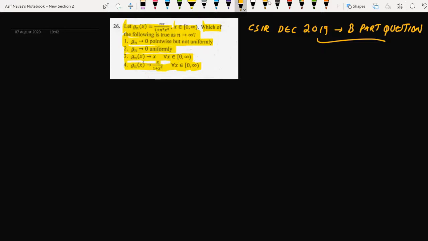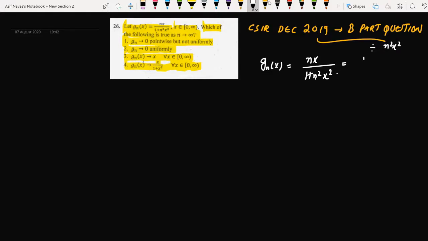Now, given g_n(x) is equal to nx divided by 1 plus n squared x squared, I want to find the limit. What I will do is divide both numerator and denominator by n squared x squared.